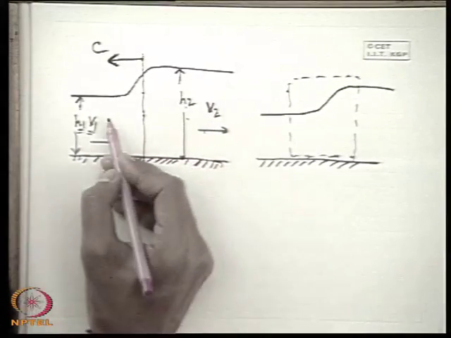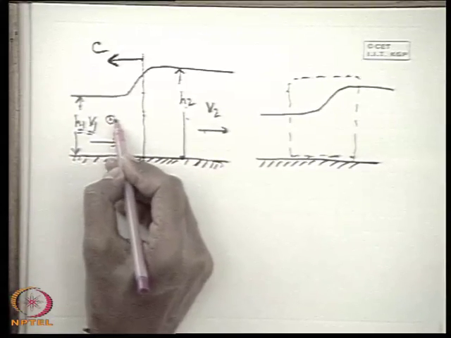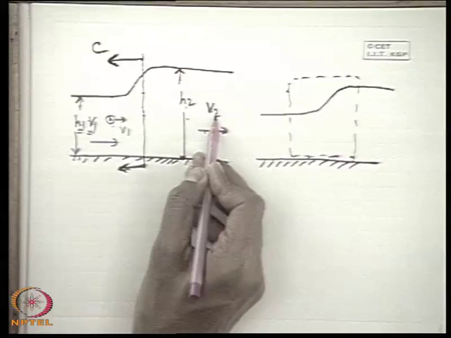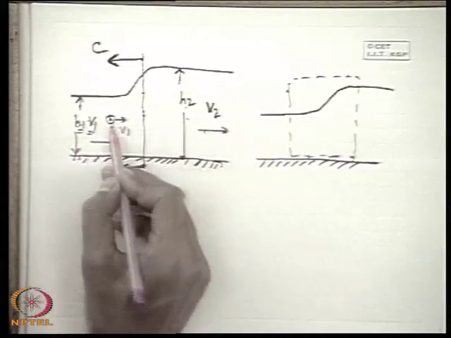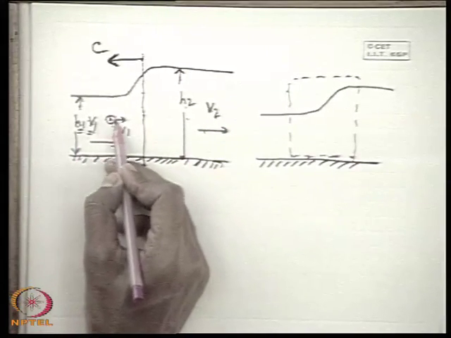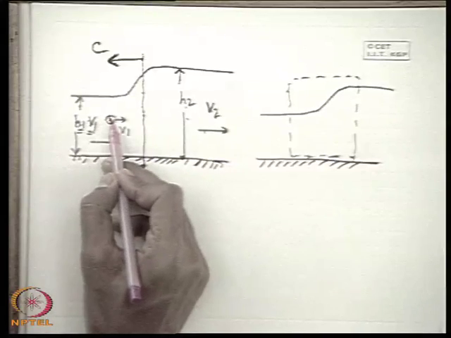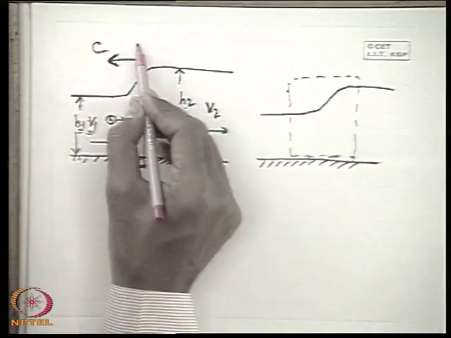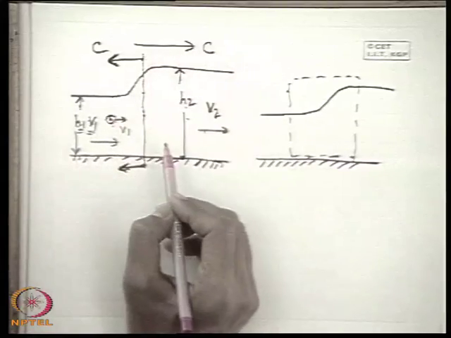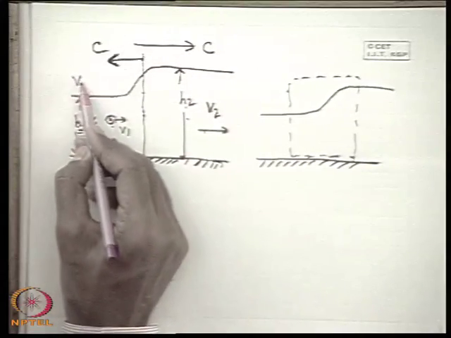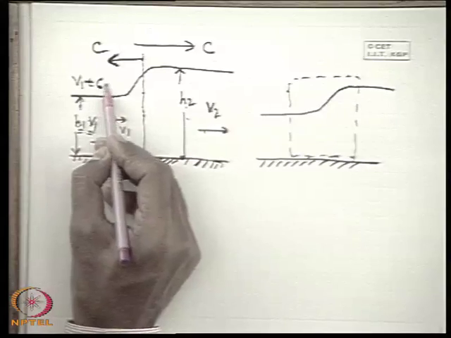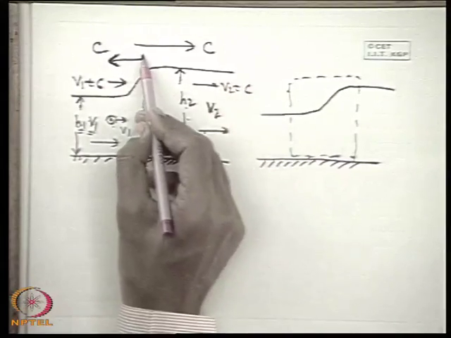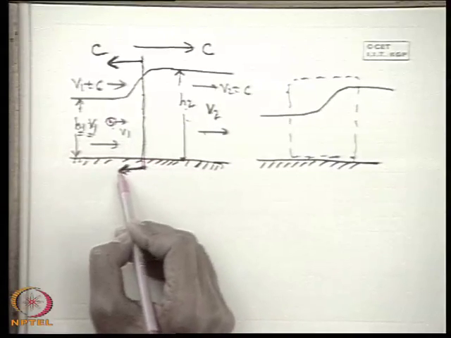Just for example, at any point in the fluid here, the velocity is V1. When the wave passes through this point, the velocity will be changed to V2, or the depth will be changed from H1 to H2. So with respect to time, a point suffers a change in its hydrodynamic parameters, that means unsteady flow. But if we impose a velocity c in the opposite direction, the fluid is moving with a velocity V1 plus c in this direction and V2 plus c in this direction, and the wave is stationary at a particular location.